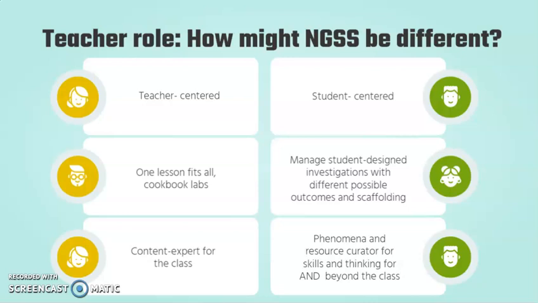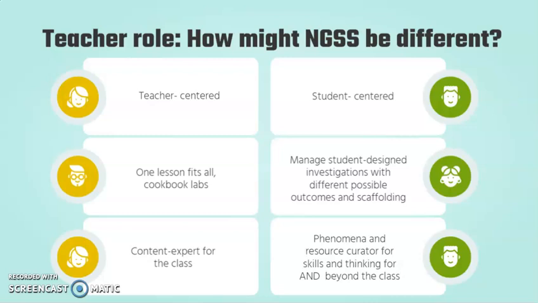As we shift towards that right side, where we're seeing NGSS come to higher fidelity in that environment, the teacher-centered classroom moves into a student-centered environment. Instead of having one lesson that fits all the students, the teacher becomes a manager of different student design investigations. There are different possible outcomes to what students are doing, unlike a cookbook lab, and there's lots of scaffolding that makes it work for all different types of learners.